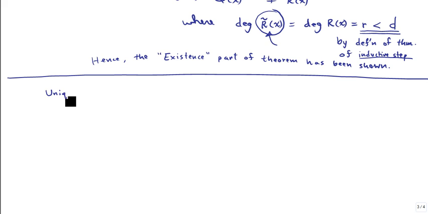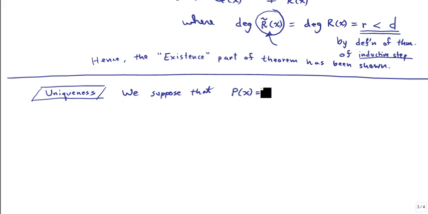So here is the uniqueness part of the theorem. So to do the uniqueness part, we suppose that the polynomial can be written in the following ways.